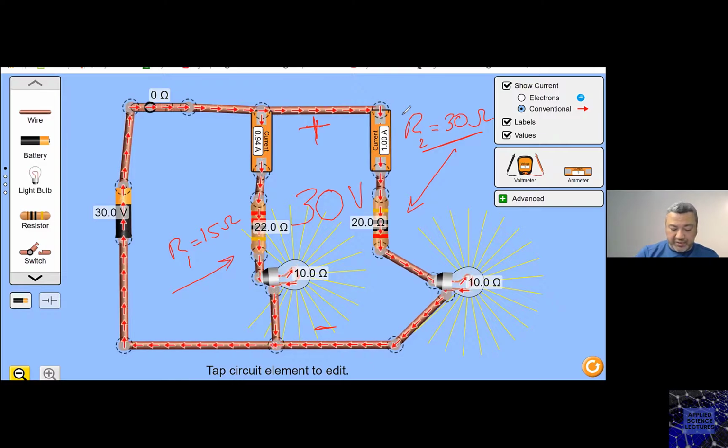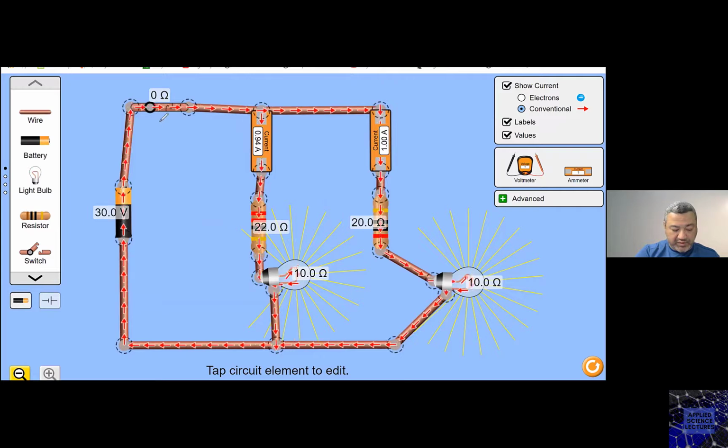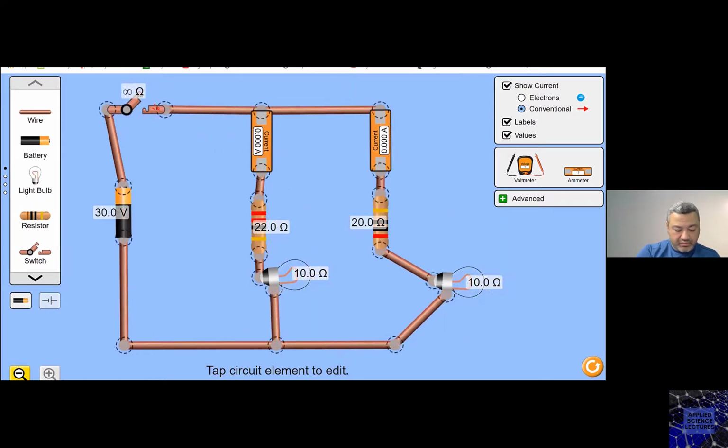But look what's going to happen if I do this. Let me break this and cut this.